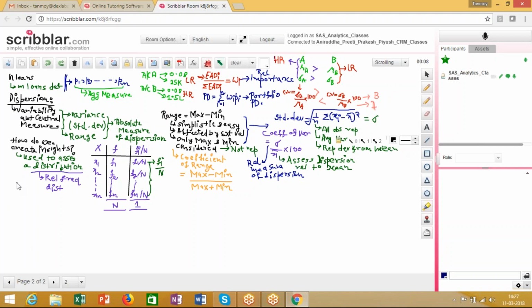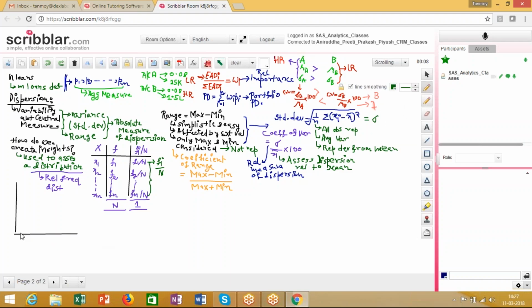we need to plot this graph, right? So basically on one axis of the graph we have fi by n. On the y-axis we plot the relative frequency, and over here I plot the independent variable x, right?